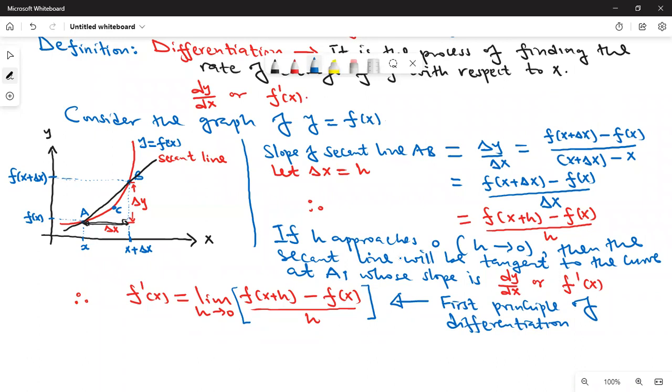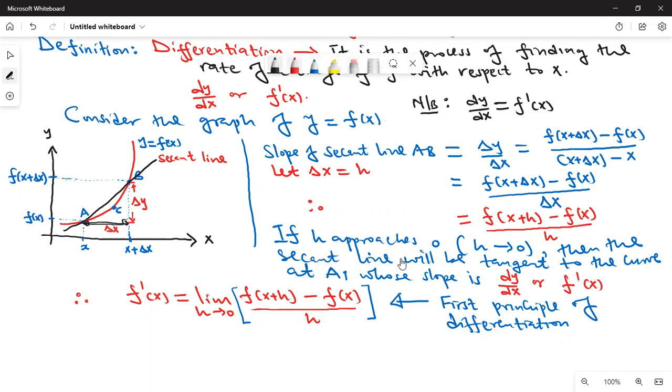So at some time we may be writing dy over dx or f prime of x. Those are the same thing. You could write dy over dx is equal to the limit as h approaches 0 of f of x plus h minus f of x, everything divided by h. So we can take note that dy over dx is simply the same as f prime of x.